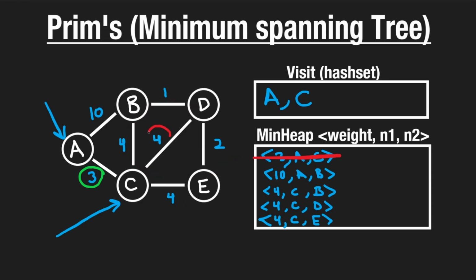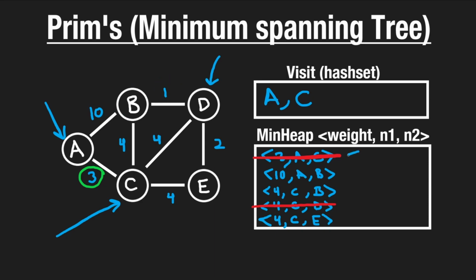Let's pick arbitrarily. This one is the one that we pop. So we pop this one, C to D. So we end up adding this node to our frontier essentially. So now we're going to take all of its neighbors and add them to the min heap. Well, at least all of the neighbors that haven't been visited. We have B, which has not been visited. So let's add that.